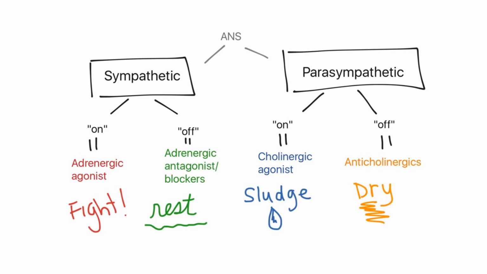All the other ones, the beta-1 agonist, okay, that stimulates the heart. The beta-2 agonist, okay, that bronchodilates in the lungs. It also affects the uterus. It relaxes the uterus. A beta-2 agonist actually relaxes the uterus, okay? An alpha-1 agonist vasoconstricts. It tightens up the arterioles, raises the blood pressure, okay?